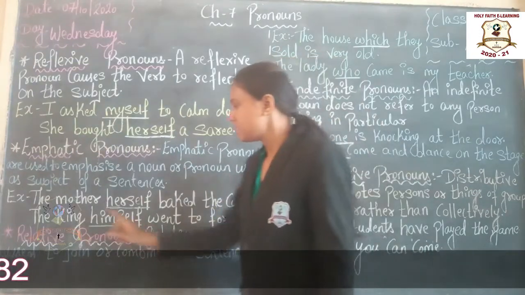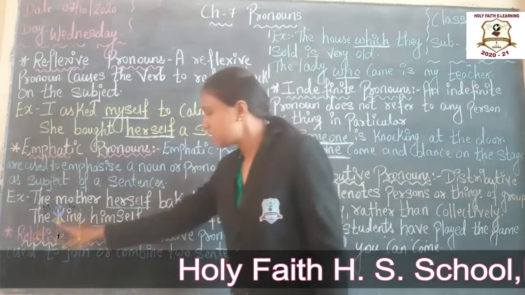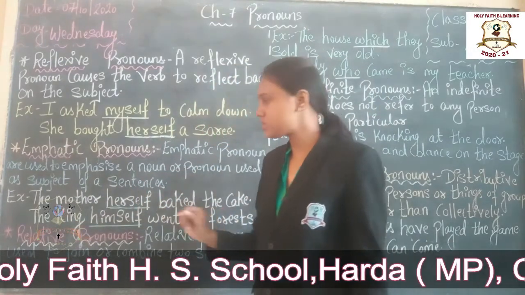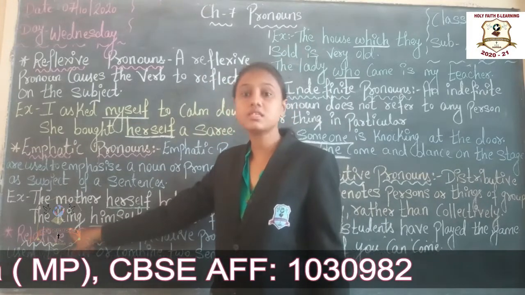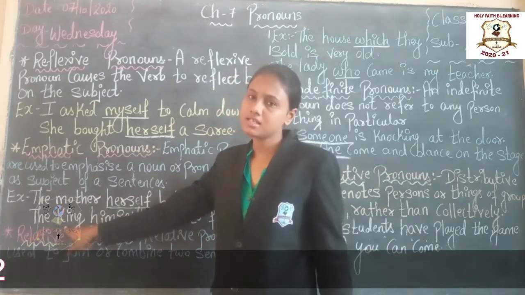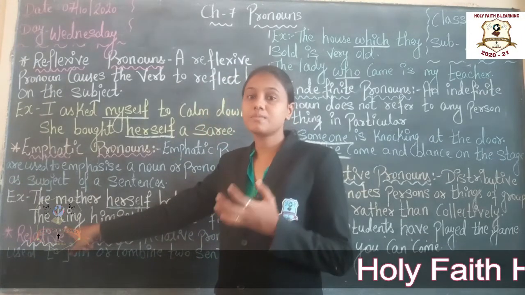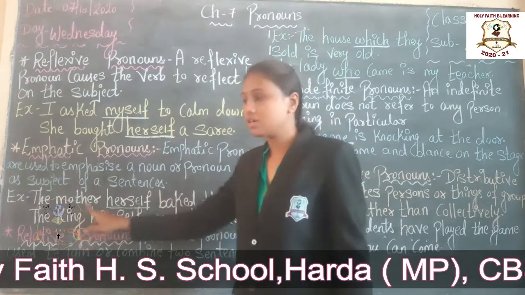Now next, the king himself went to the forest. Here the king is a noun used as a subject in the sentence. Now, to give special importance to the king, what is used here?